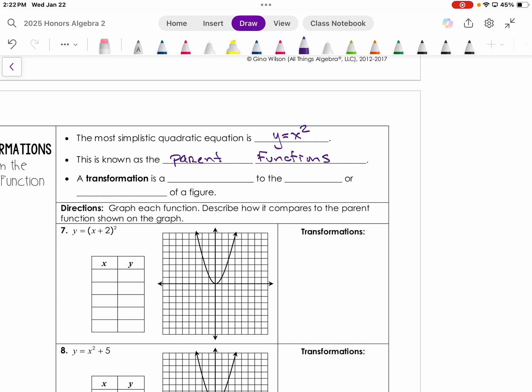A transformation is a change to the parent or original function. I don't know what the teacher was thinking about that one. Basically, we've learned that when we're doing a transformation, we're changing the parent function in some form or fashion.